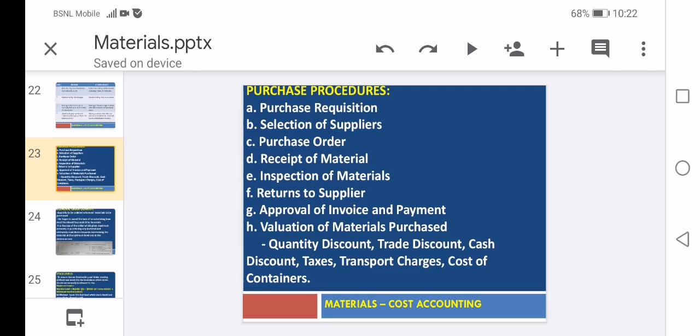So here the following points listed are very much useful to follow the systematic procedure during the purchase.